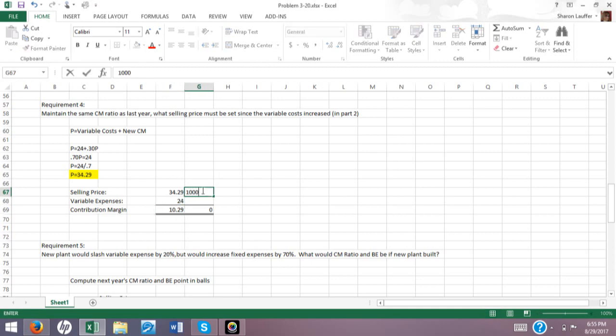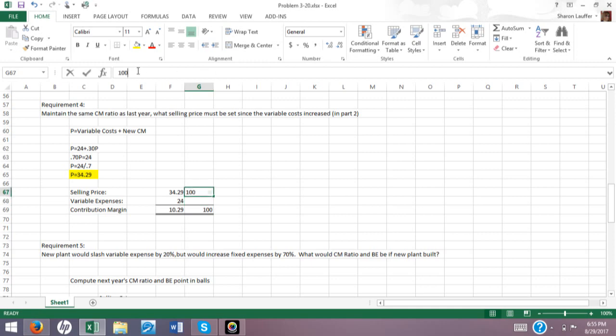This is 100%. And the $24 variable cost and the $34.29 sales price, if we take the $24 divided by 34.29, we get 70%.